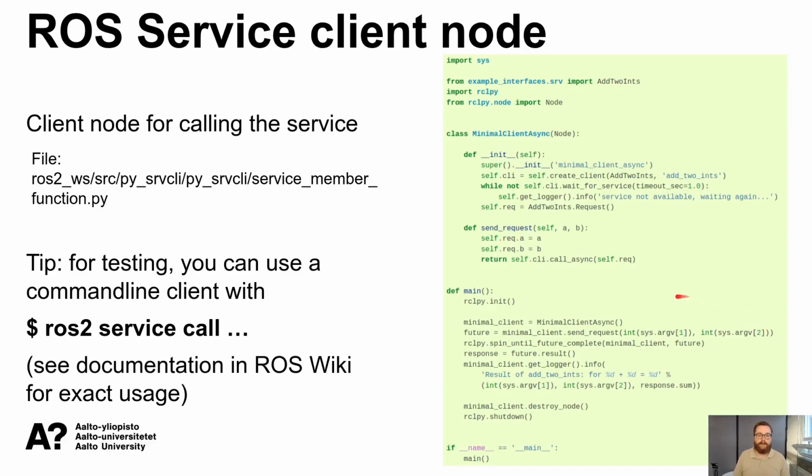I won't get too much into detail here. You can always go into the ROS Wiki and check out the details. For many tasks, this simple command line client interface is quite good for testing, debugging, and so on. But of course, for a proper implementation, you should implement your own client node. And for details, you should check out the ROS Wiki.